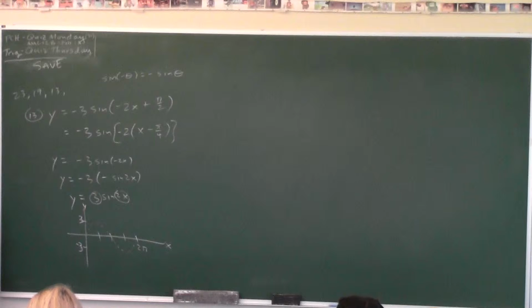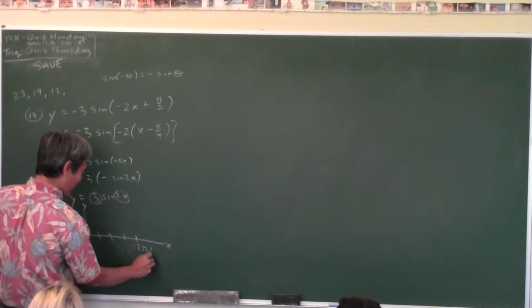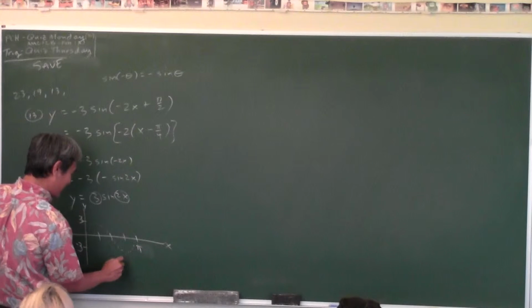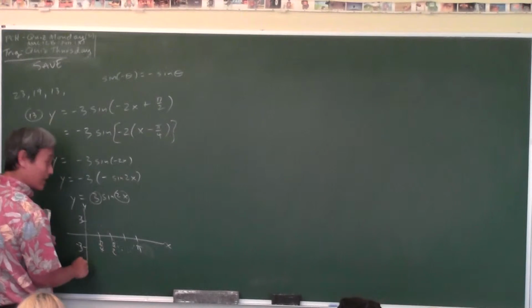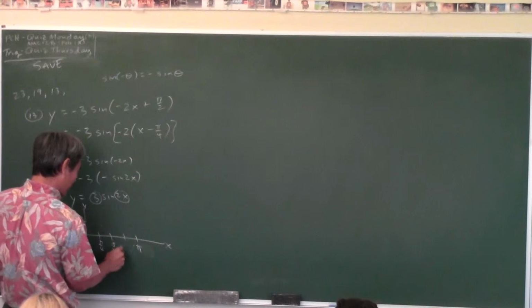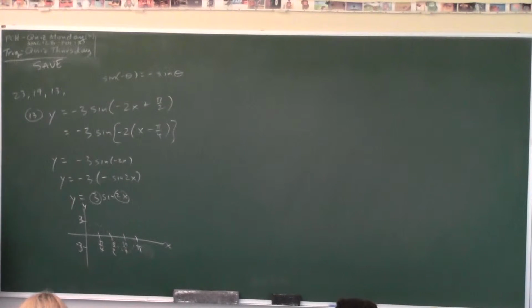That will multiply the x coordinates by 1/2. So if I multiply this by 1/2, the 2's cancel out, so you just get pi. So this is pi, half of that is pi over 2, half of that is pi over 4. So each hash mark is going to be pi over 4. So pi over 4, pi over 2, 3 pi over 4. Okay, so that's what this graph looks like.